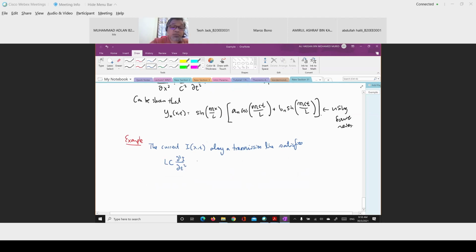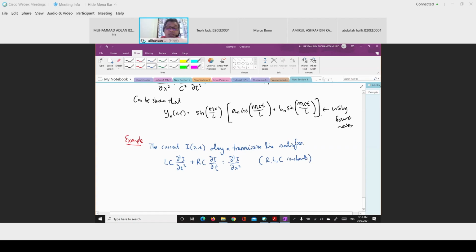Plus RC I partial t equal to I partial x, where R, L, C are constants. What is R in electricity?